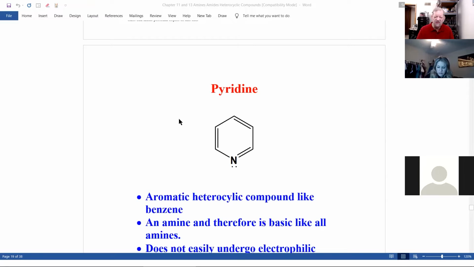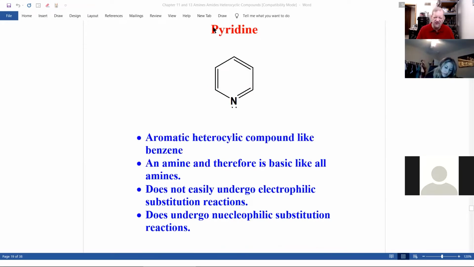Now, I'm only going to ask you to learn one heterocyclic compound, and that's pyridine. And this is the structure of pyridine. Notice it looks like benzene, except one of the carbons has been replaced by nitrogen.